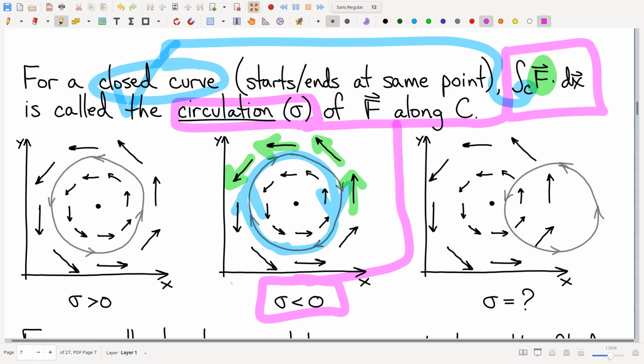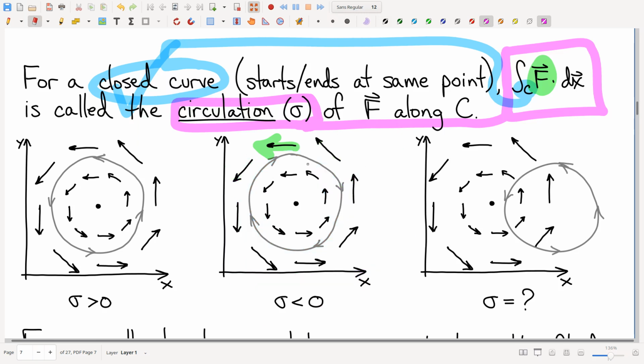Is that cool? All right. And then sometimes it's really hard to tell. So if you look at this example over here, it's just a weird one. There's the curve. In some places, the fluid flow is backwards of the direction that the curve is going. In other places, the fluid flow is positively along the direction that the curve is going.